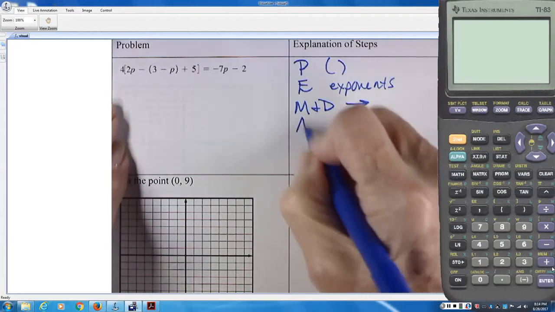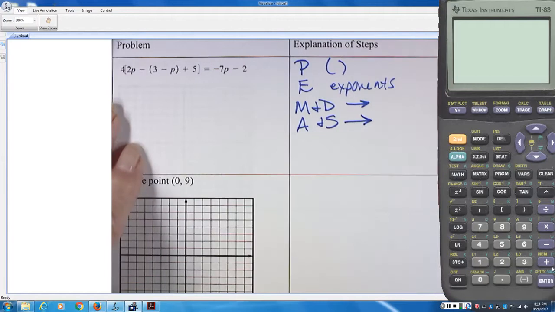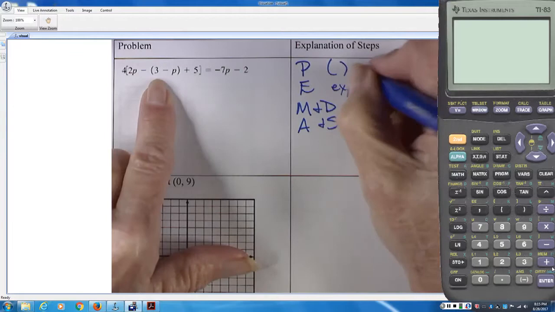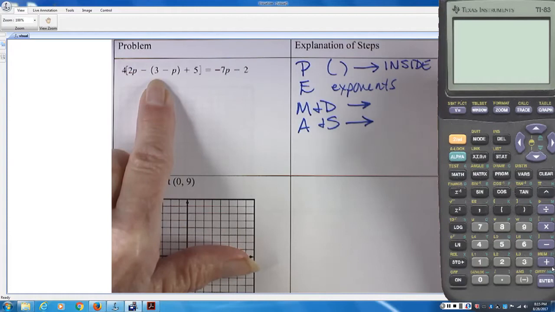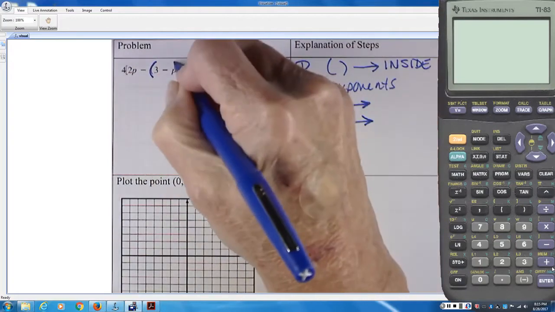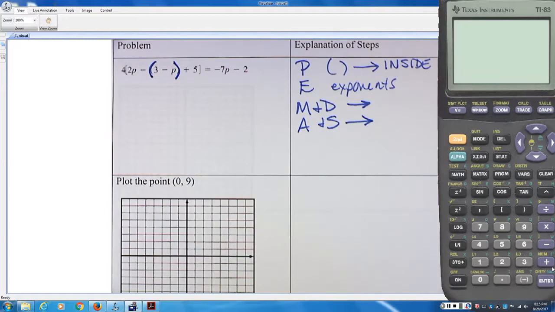And then you add and subtract straight across from left to right. But the only hitch is you've got two sets of parentheses, so you work inside out. You start with the innermost set of parentheses and try to deal with that first.